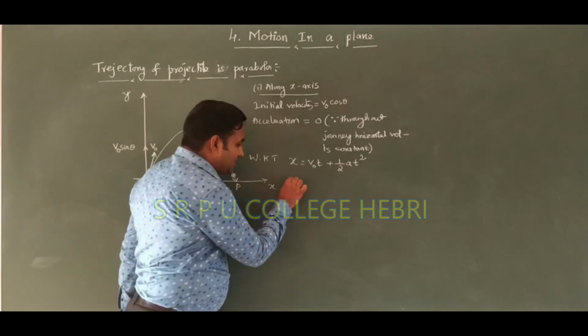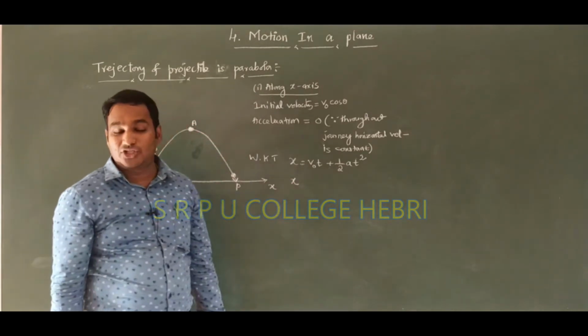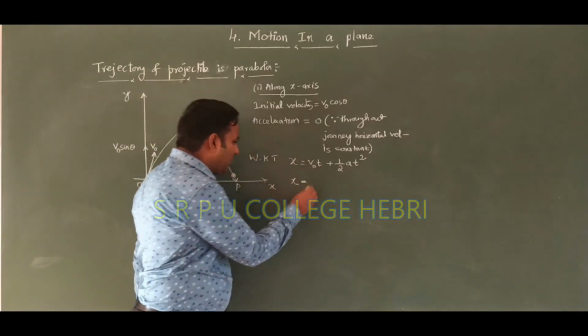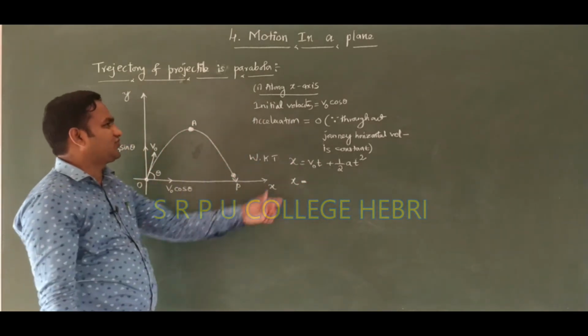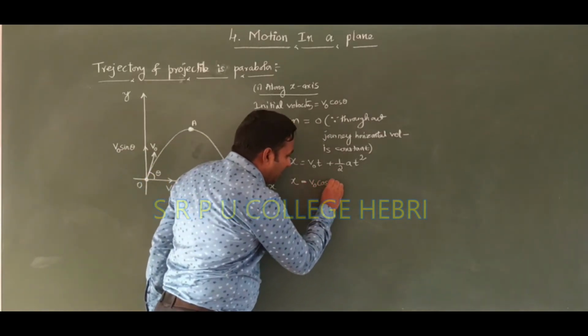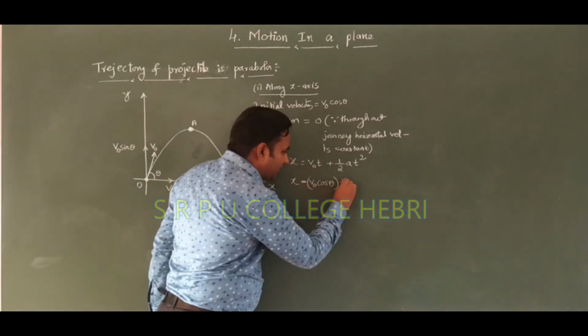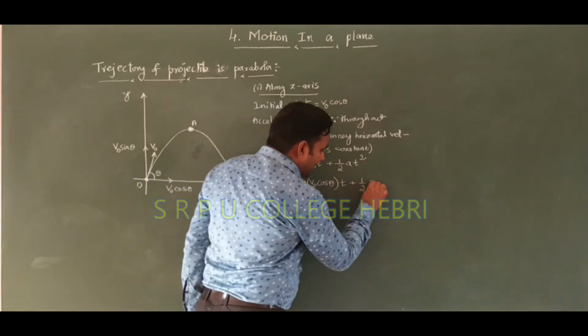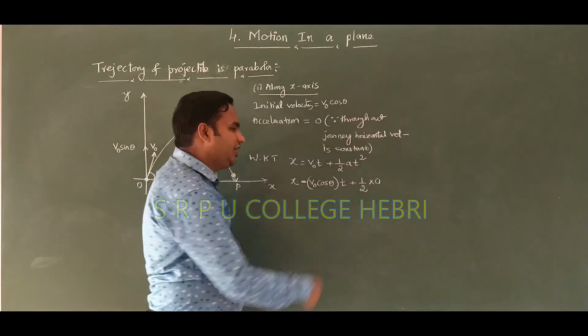Here x is the displacement, or change in position along the x-axis. v naught is the initial velocity. What is the initial velocity along the x-axis? They already gave v naught cos theta, into time t, the time taken for the journey, plus half, acceleration is equal to 0, into t square.